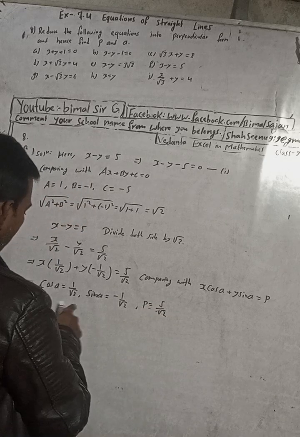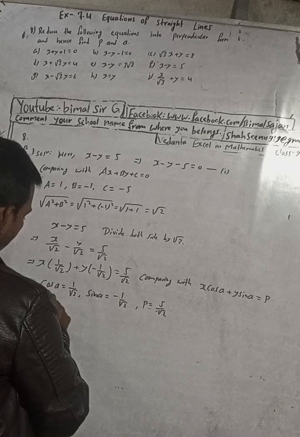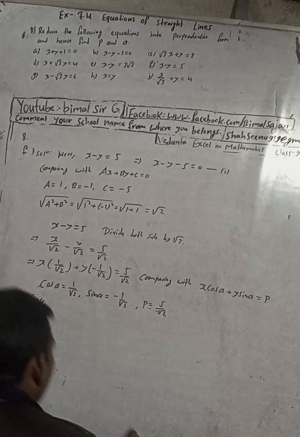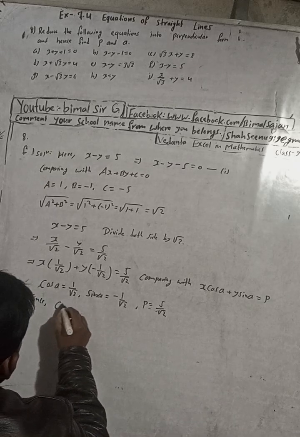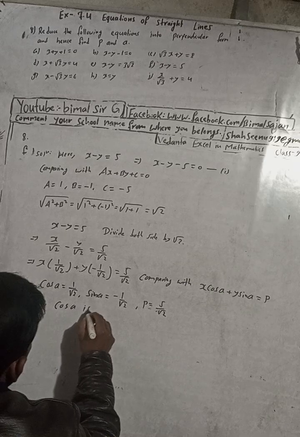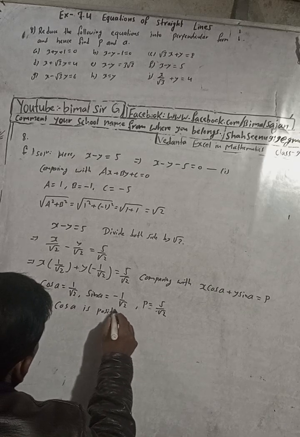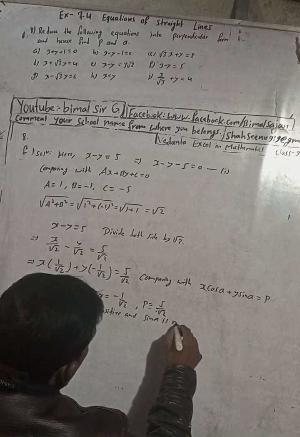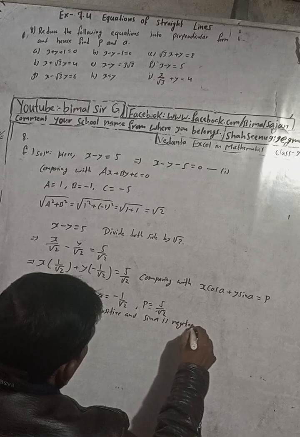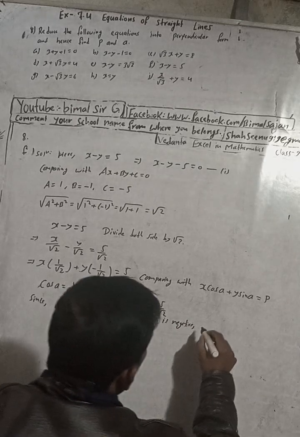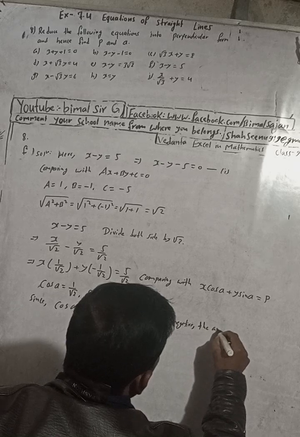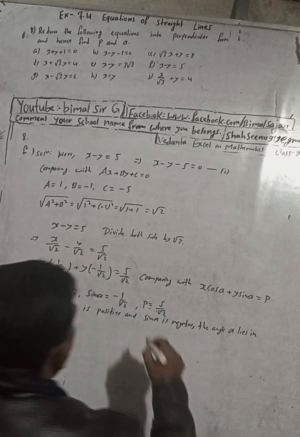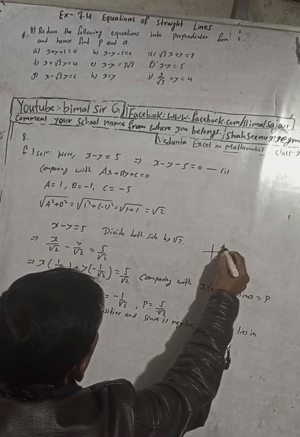Again we see that since cos alpha is positive and sin alpha is negative, in which quadrant does the angle alpha lie? See, CAST.